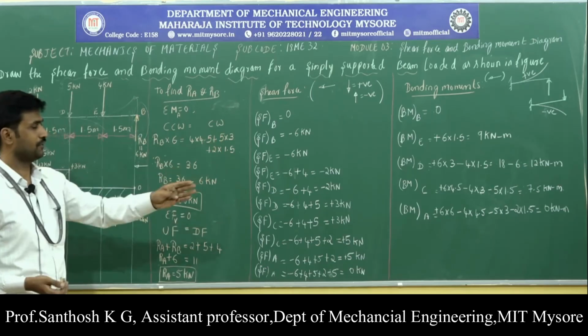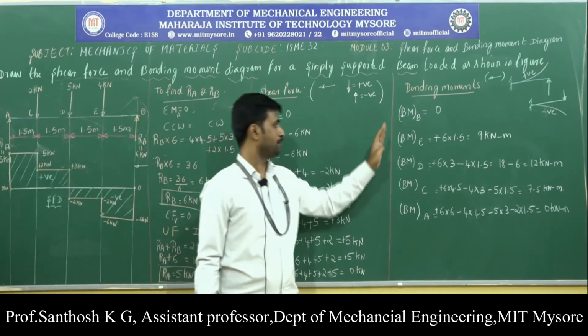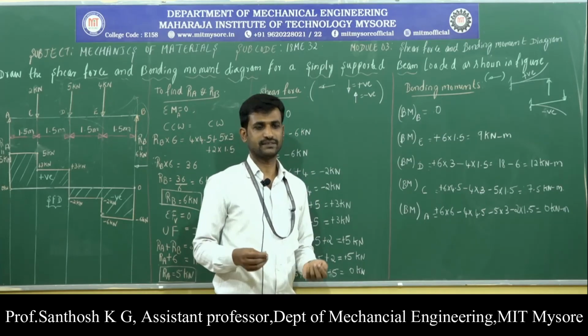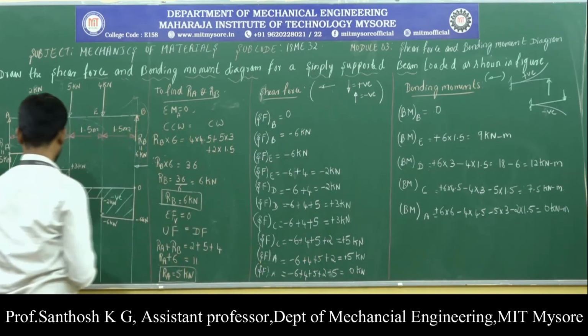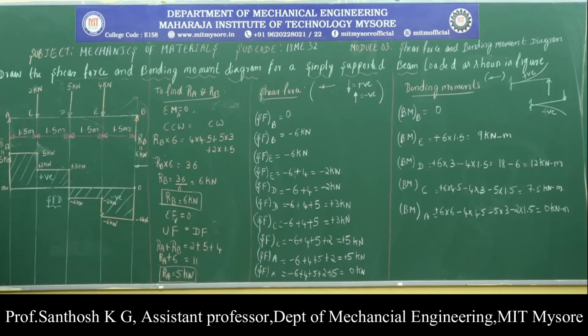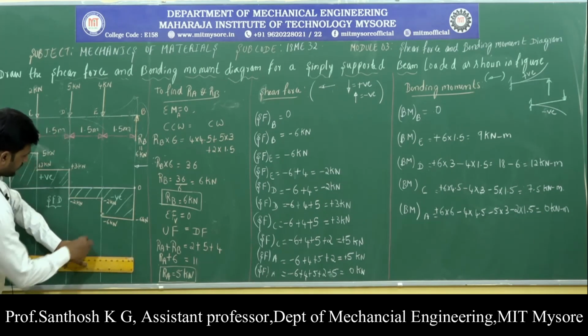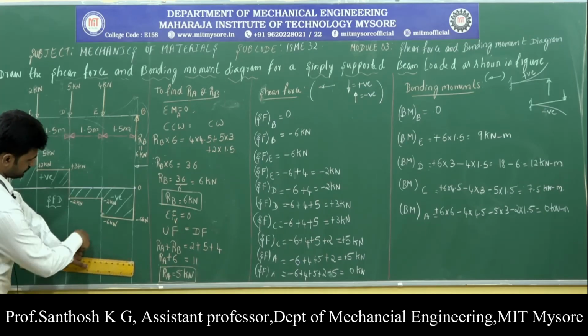Now by making use of these bending moment values at various salient points, let us try to write the bending moment diagram. So in order to write the bending moment diagram, first I will write a reference line.